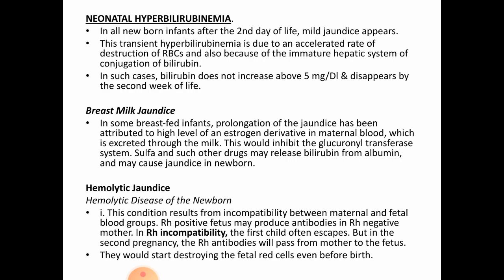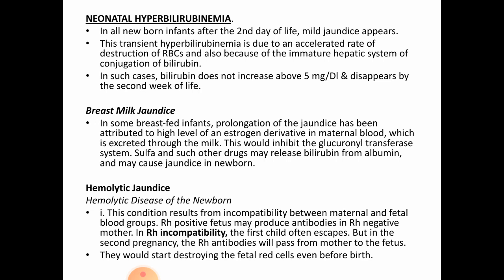Next one is neonatal hyperbilirubinemia, that is in newborn infants. After the second day of life, there will be mild jaundice appearing. This is due to the accelerated rate of destruction of RBCs. RBC destruction will be more during the second day of life, and there is an immature hepatic system.